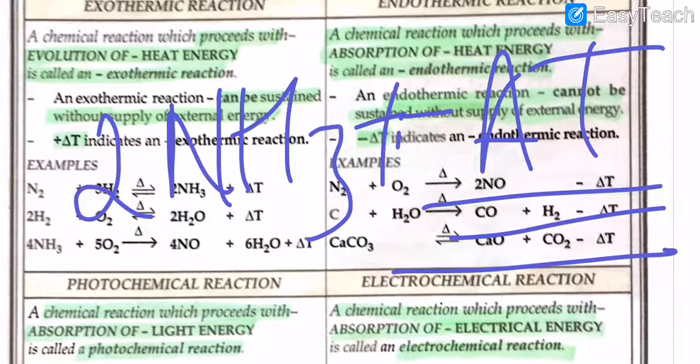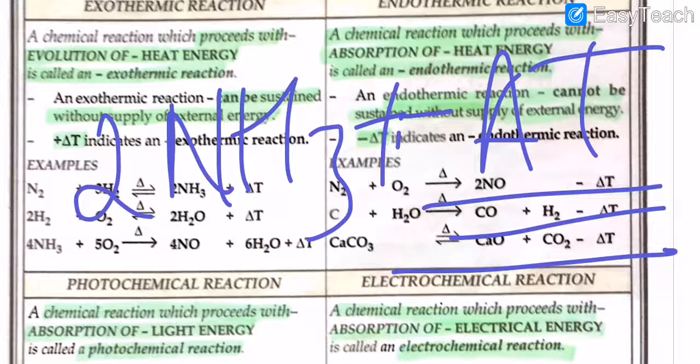So 2H2O plus triangle T. Triangle T basically represents that there's an evolution of heat energy taking place. Then 4NH3 plus 5O2 gives 4NO plus 6H2O plus triangle T again. So there is an exothermic reaction.